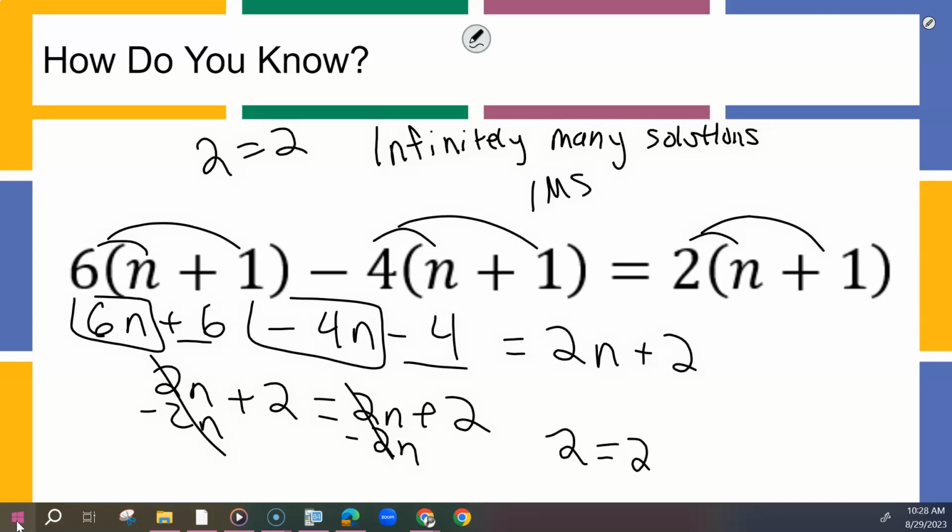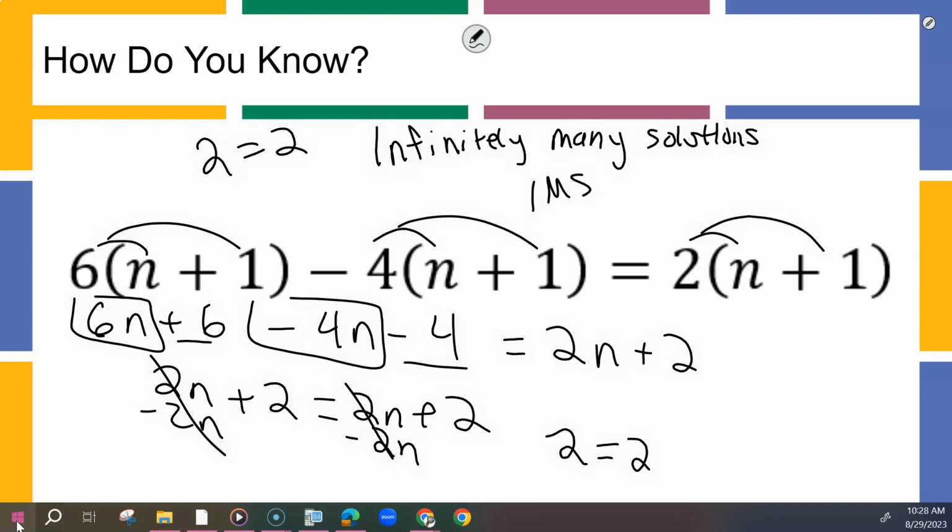Okay, so if we solved it completely, that would be one way to see this is infinitely many solutions. We get 2 equals 2, the variables cancel. Where else could we have seen this is infinitely many solutions? That's in your memory of last week. Somewhere else.